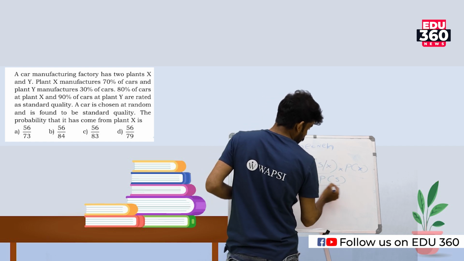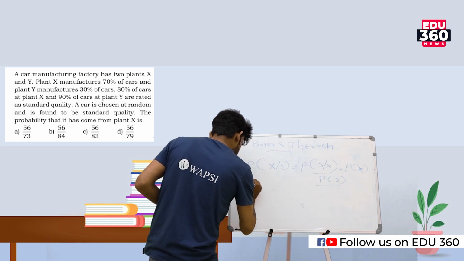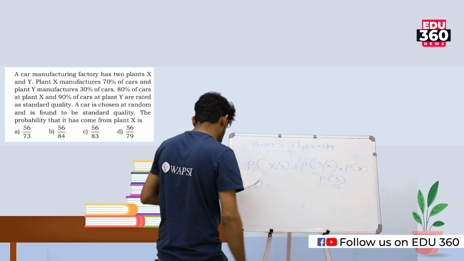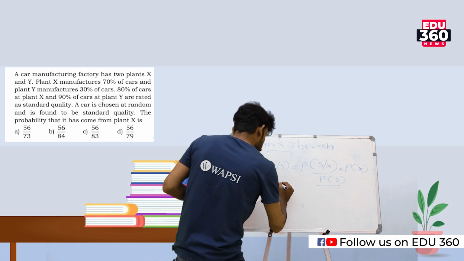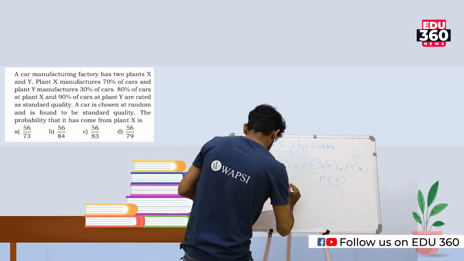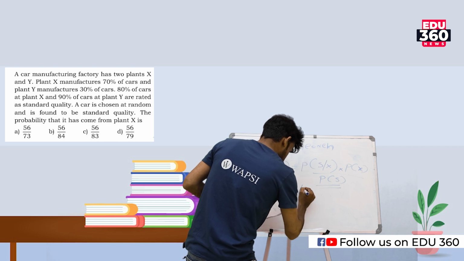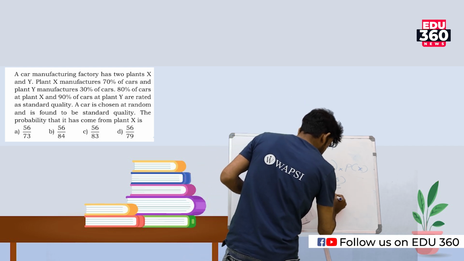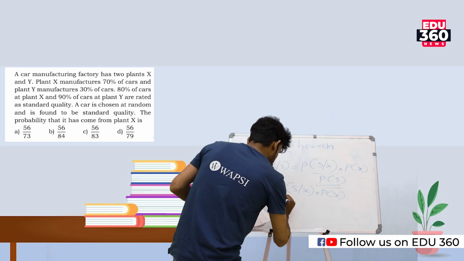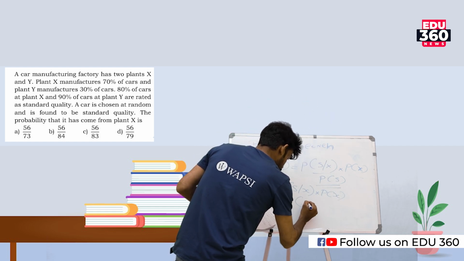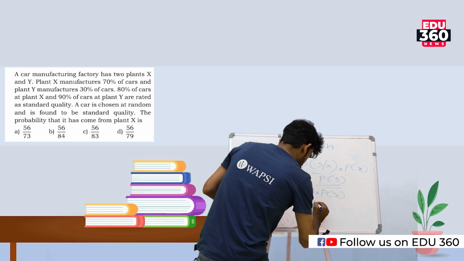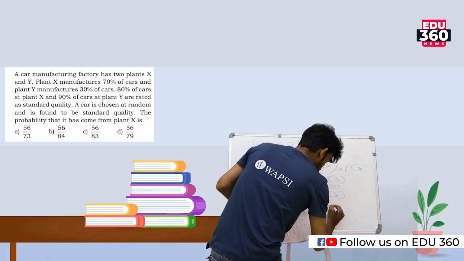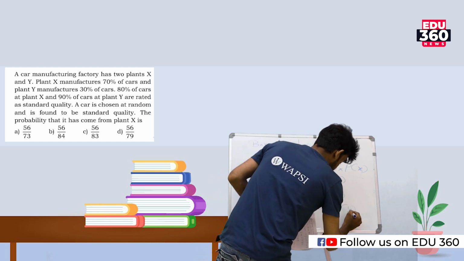And what about P of S? P of S is equal to P of S by X into P of X plus P of S by Y into P of Y.